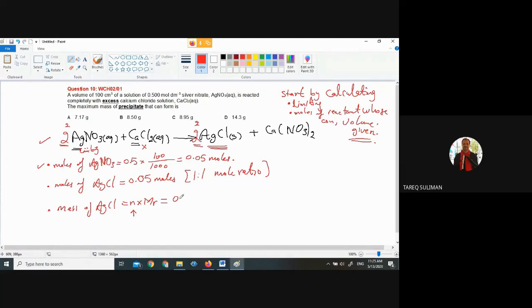The number of moles is already calculated in the previous step, times what is the molar mass of AgCl? 143.5. I calculated before. The answer will be 7.175 grams.